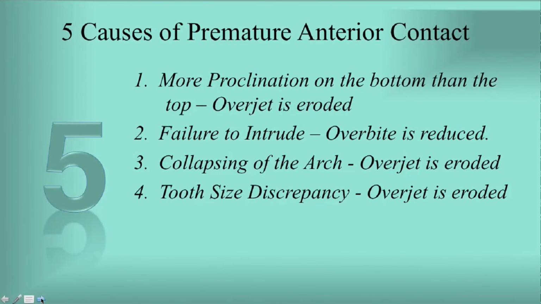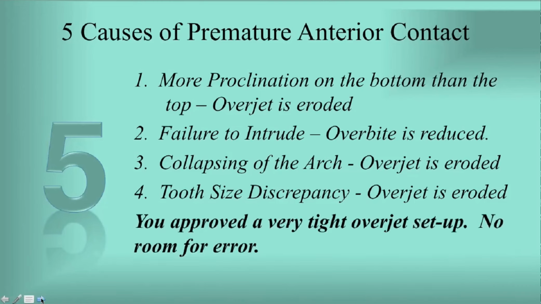Okay, now the fifth reason that I want to mention is you approved a very tight overjet setup, no room for error. I'm sure that you're aware that the orthodontic model is a very tight overjet, tighter, say, than a restorative model.